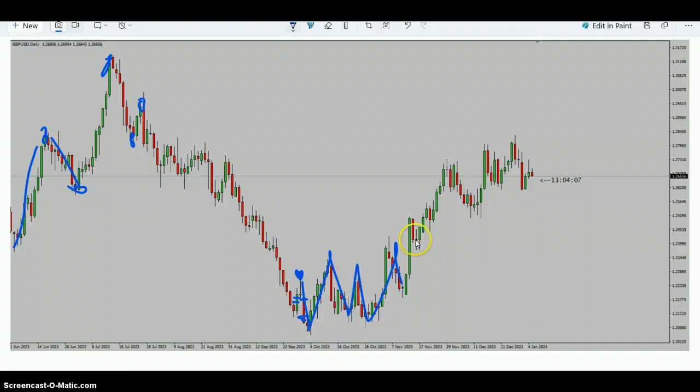So tell me now, is this turning point valid? If you said yes, then you are wrong. If you said no, then you are right, because this pivot point was preceded by a valid swing, that's right, but it wasn't followed by a valid swing.